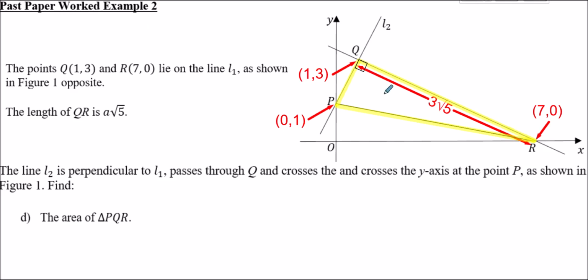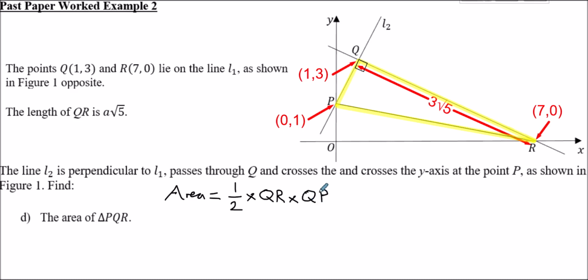So because it's a right-angled triangle, we can work out the area by doing half base times height. In other words, half one side multiplied by the other perpendicular side. So we can take half times QR times this side here, which is QP.